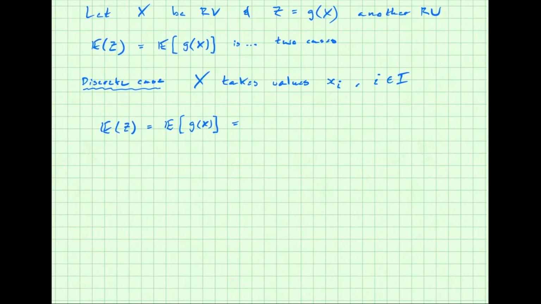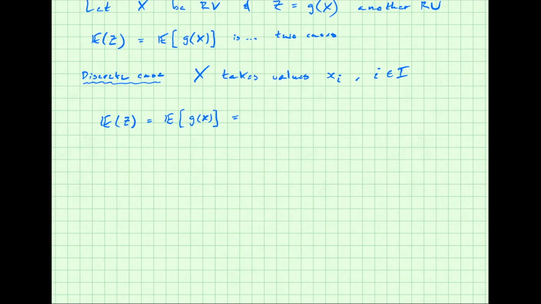Okay, so now back to the story here. The expected value should be the sum over all the possible values of i, so all the i's in the set I. And there are two things going on here. The first term should be the value of z when x is equal to xi.